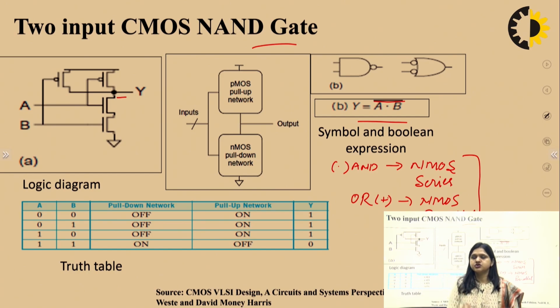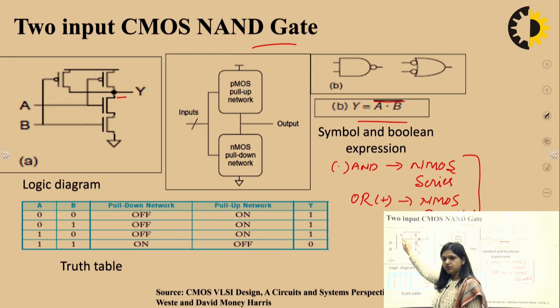Whatever expression is given to you, just implement the PDN, the pull down network, like a network of NMOS transistors. Then by using the dual network property, implement the PUN by replacing series connection by parallel and parallel connection by series connection.